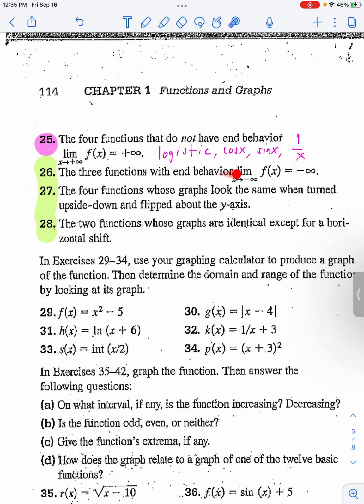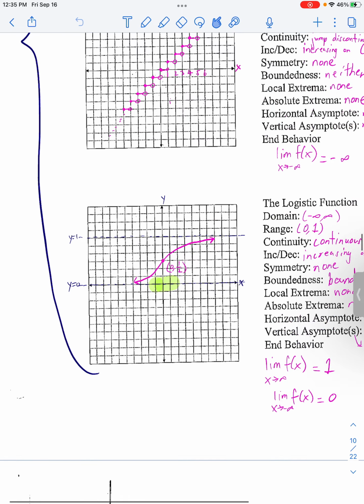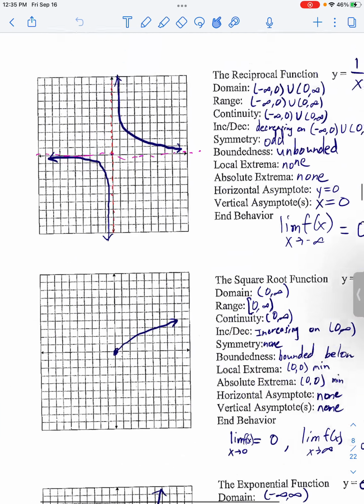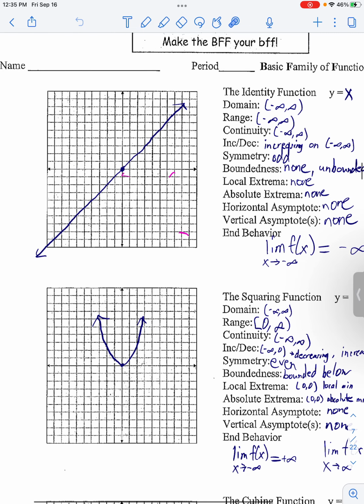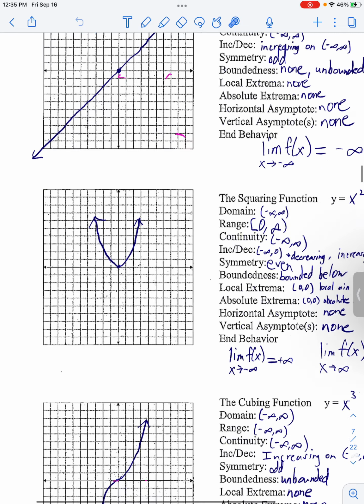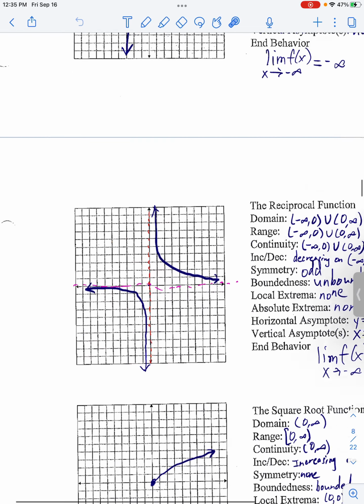Number 26, we're looking for the three functions with end behavior, limit as x goes to negative infinity of f of x equals negative infinity. So as we go to the left forever, we go down forever, okay? I can think of two of those off the top of my head. Right, so up here at the top, identity function, as x goes to the left forever, we go down forever. X cubed function, as x goes to the left forever, we go down forever.